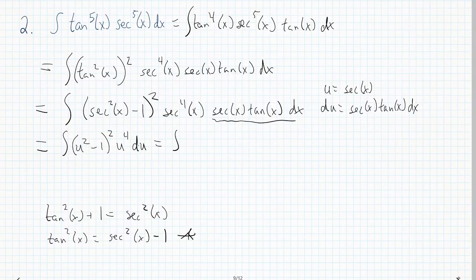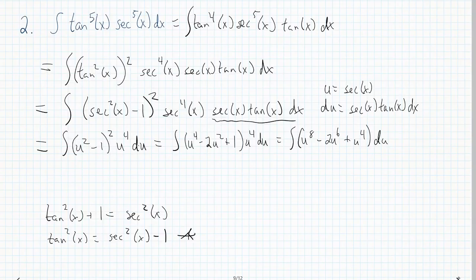So this becomes u to the fourth minus 2u squared plus 1, times u to the fourth du. And notice that equals the integral of, just multiply the u to the fourth on through now, u to the eighth minus 2u to the sixth plus u to the fourth, and then all that du.